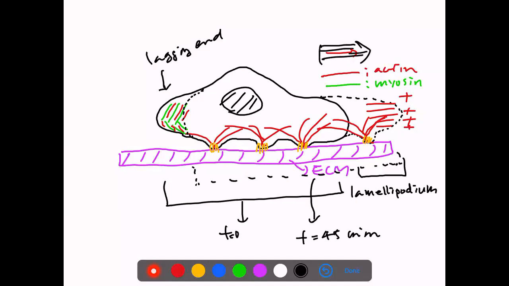Then think about it. The cell has a direction and moves in a certain direction, right? You need to tell this cell where it needs to move. So think about direction.